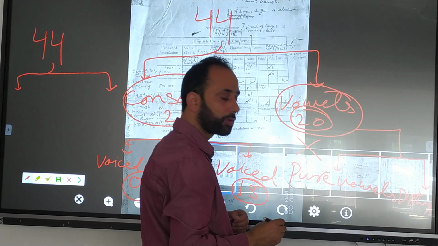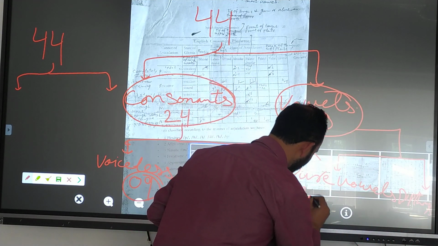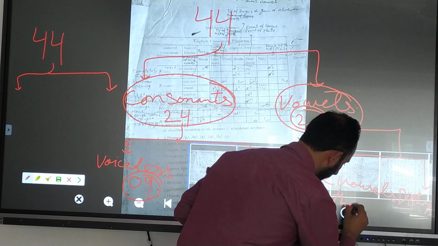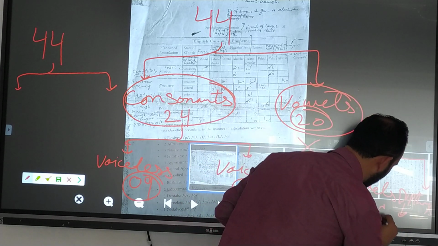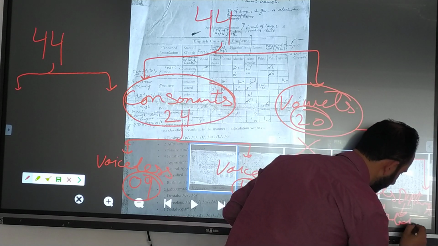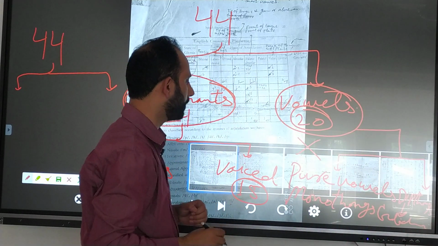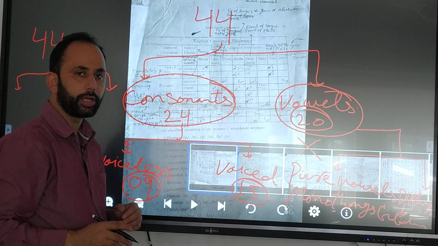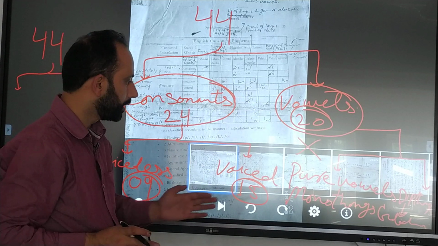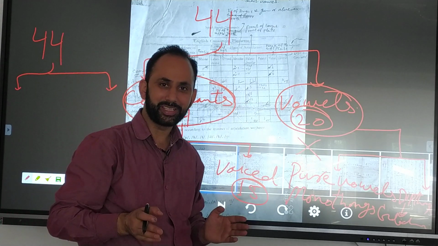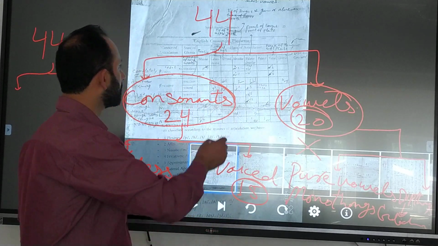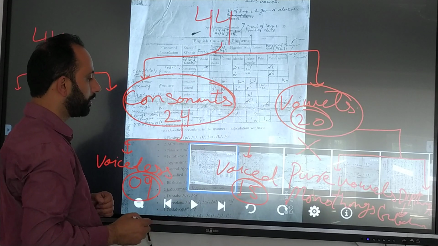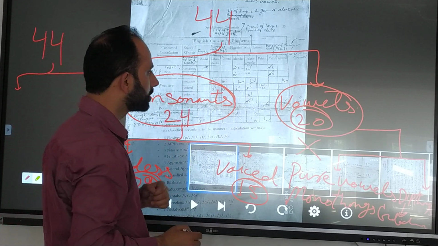Pure vowels are also called monophthongs, and diphthongs are also called gliding vowels. I will explain later why they are called gliding vowels. In diphthong, di means two and thong means sound, so they have two sounds. This is, I can say, the classification of the sounds.